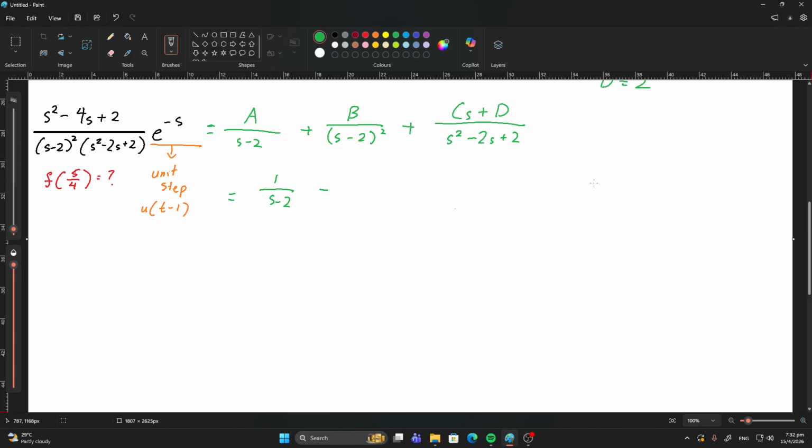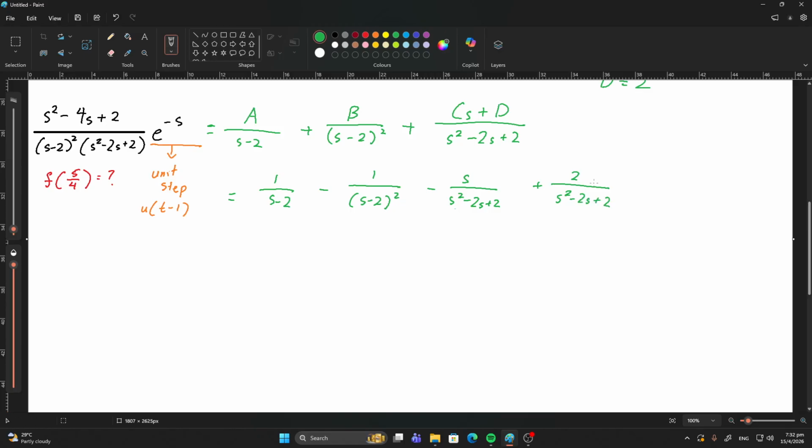B was negative 1, so I changed the positive to negative. Plus, let's just separate the term, shall we? So c was negative 1, right? So negative 1 over s squared minus 2s plus 2. D was 2, right? Yep. So it becomes 2 over s squared minus 2s plus 2.